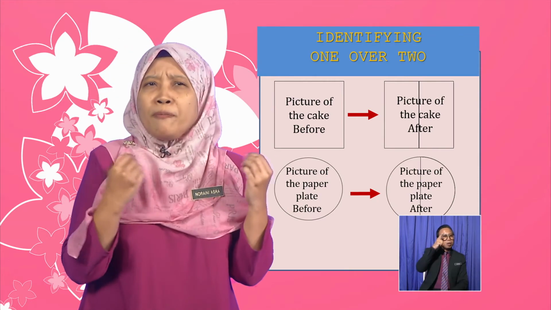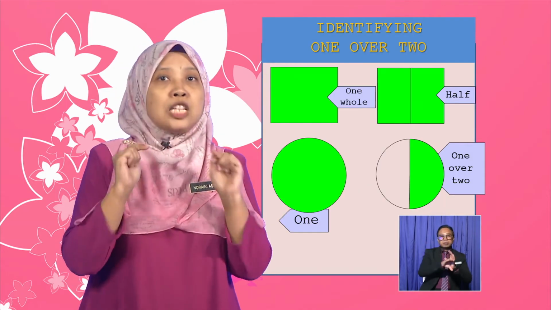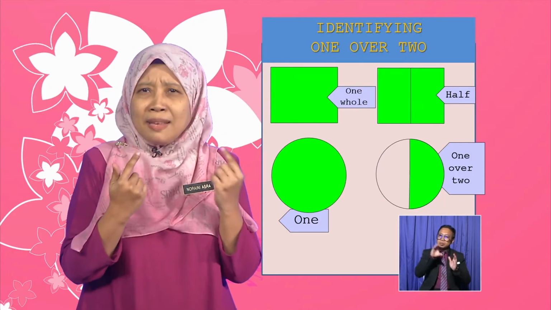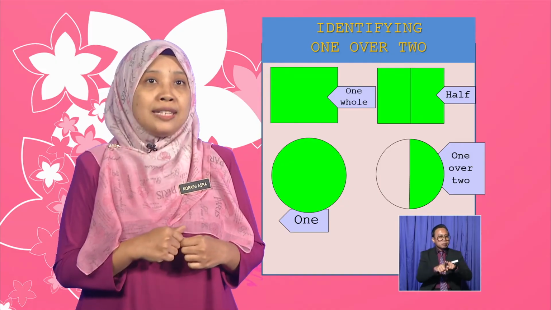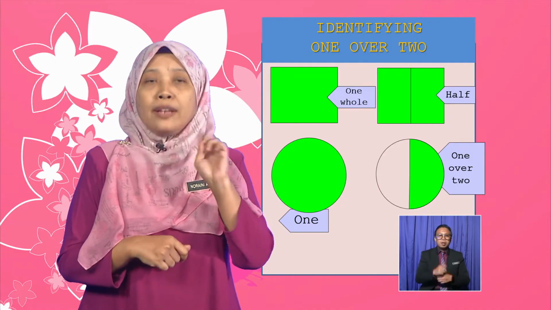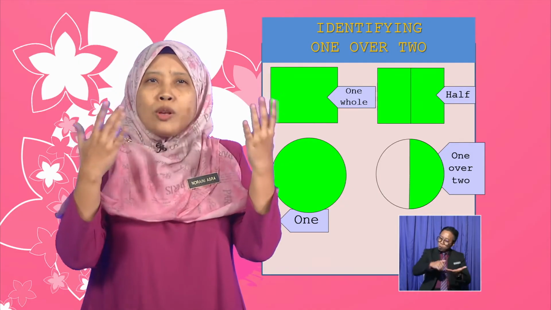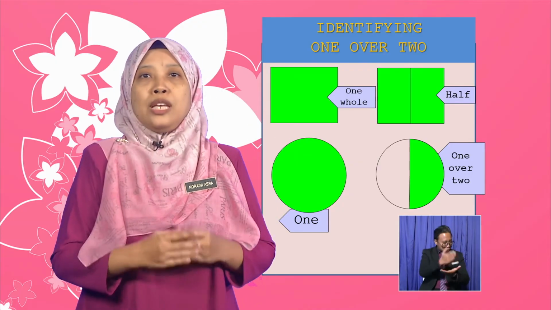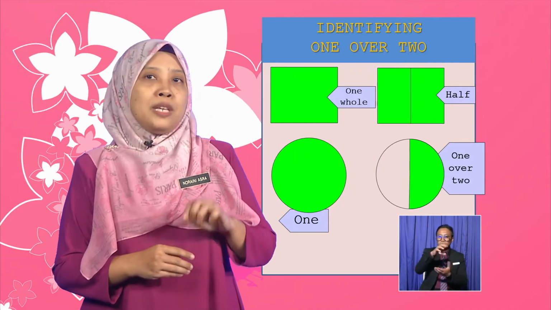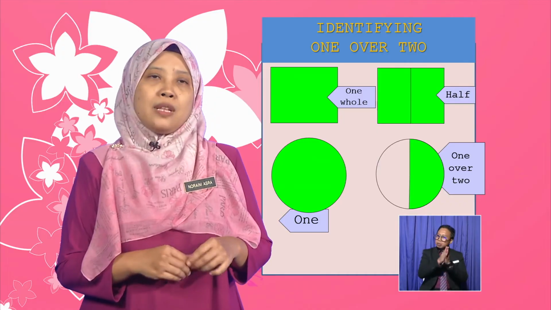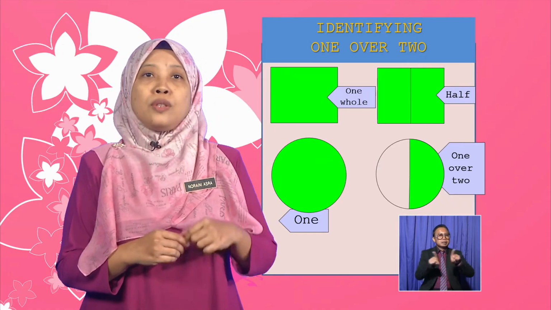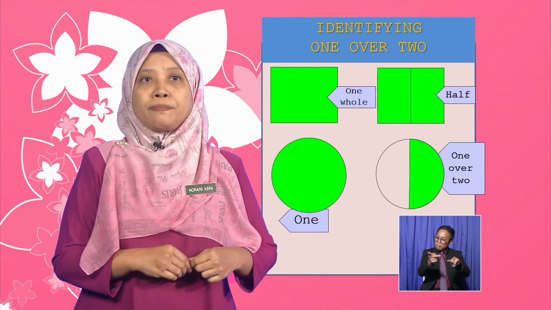Look, the previous picture and this picture are quite similar to each other, right? One whole cake that was cut into 2 equal pieces to become half. The same goes for the paper plate.